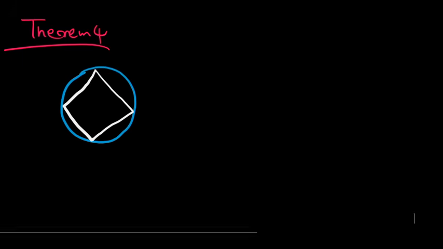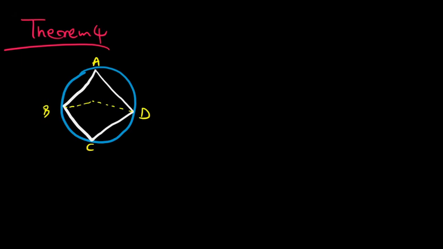And then, let's say this is A, this is B, this is C, this is D, like that. And this is your O, which can be O1 and your O2 here, right? So let's prove Theorem 4.